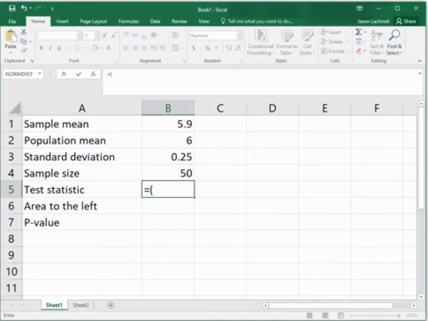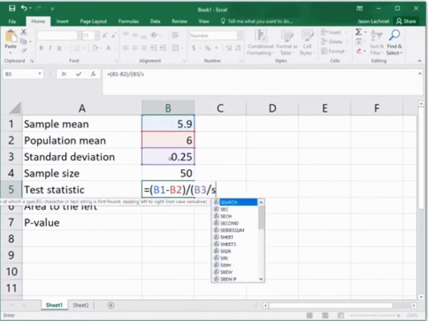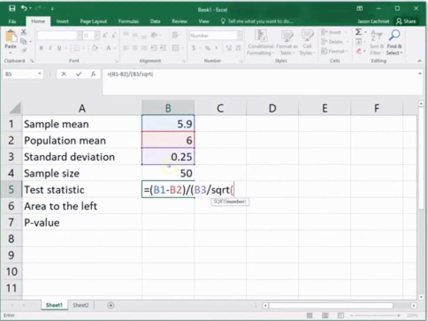I'm going to put parentheses around the numerator. I'm going to do the x bar minus mu, sample mean minus population mean. So I'm clicking on those values, and I get B1 minus B2, close those parentheses for the numerator, divide by a set of parentheses in the denominator, which is going to take then the standard deviation divided by the square root of the sample size. And here I'm just using Excel as my calculator.